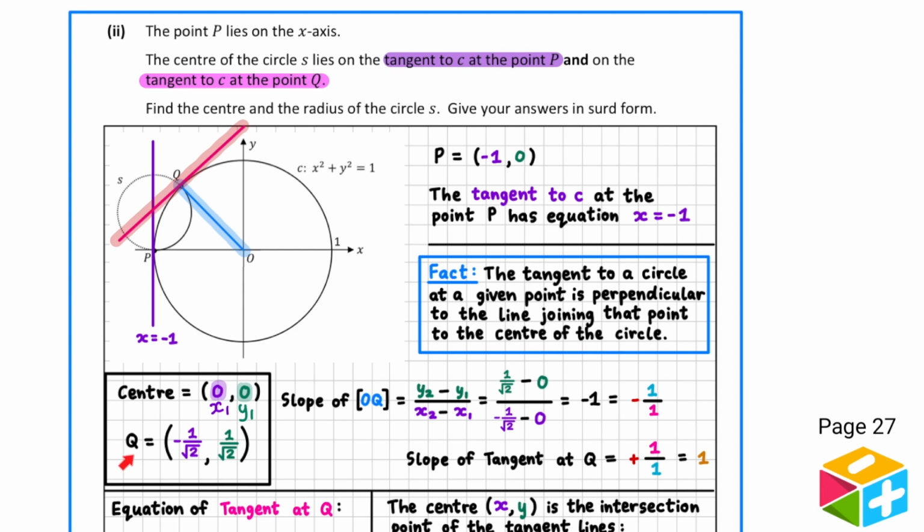Q has coordinates -1 over root 2, 1 over root 2, and we label these as x2, y2. These coordinates were provided to us in the previous part of the question.